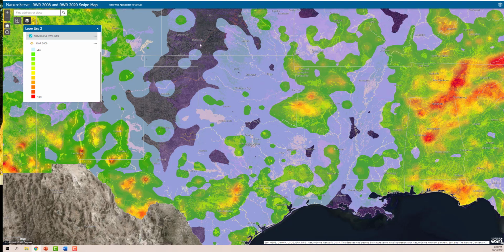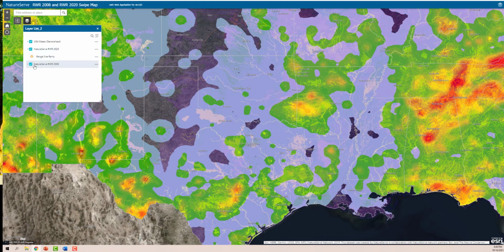And so these areas that you see here would be no data, where the map below is actually showing through. Okay, and then the areas of blue would be low priority according to the 2008 model. And then again, our areas of red are what are classified as the hot spots and the areas in most need.